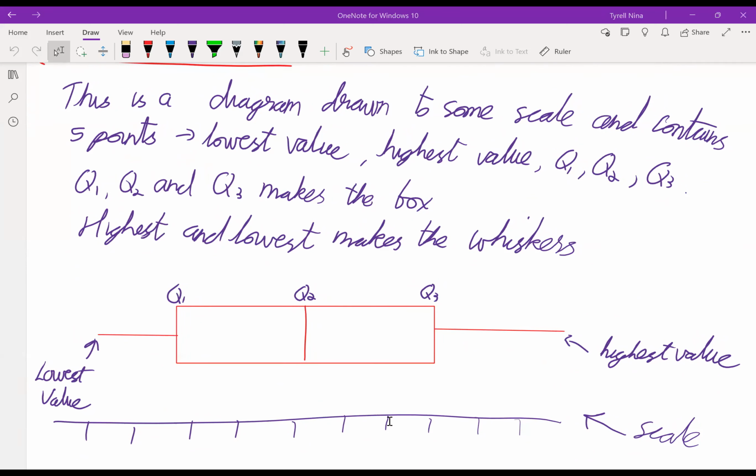Yes, the scale. Okay. Yes and no. It has to be accurate, but don't go and put like 1 millimeter is 1 unit. So use that as your guide. But yes, it must be an accurate scale. All right.